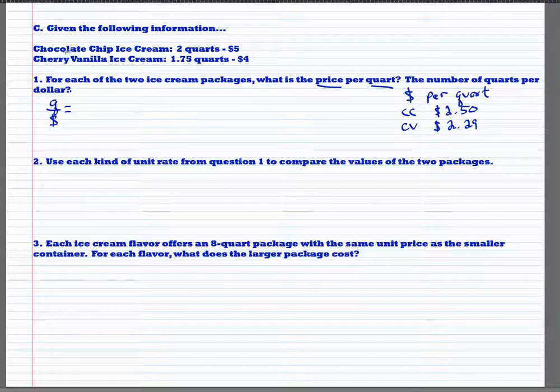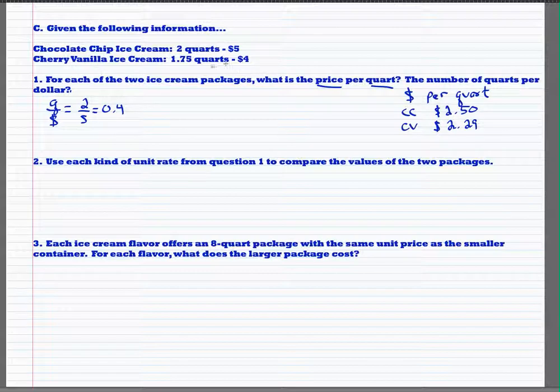So for the chocolate chip ice cream, it's going to be 2 quarts over $5, which gives us 0.4. So that means I get 0.4 or 4/10 of a quart for every dollar I spend.